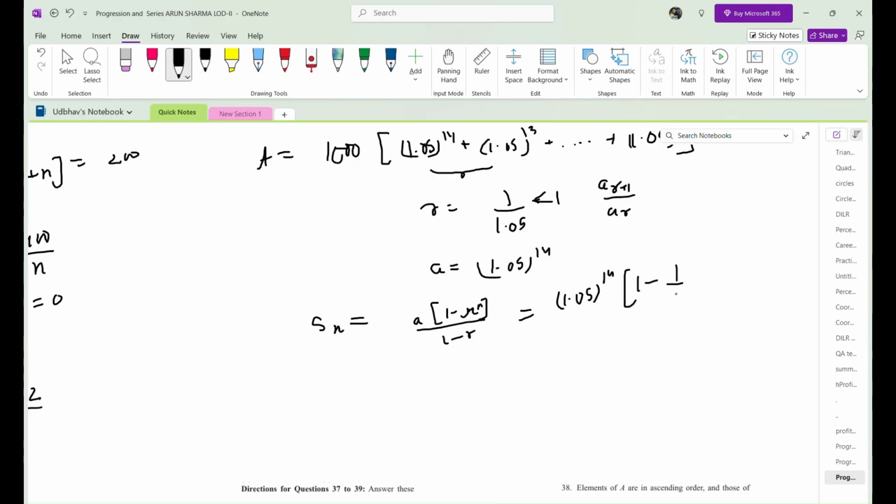1 minus (1 upon 1.05) raised to the power 15 upon 1 minus 0.05.